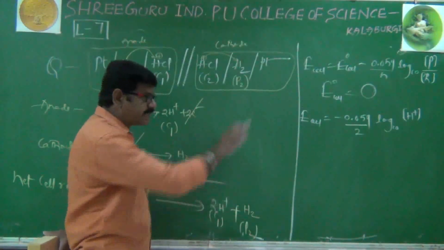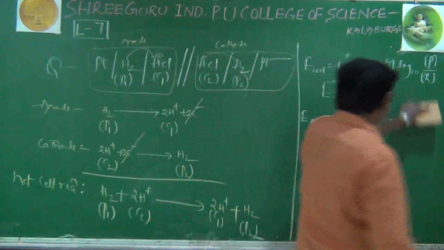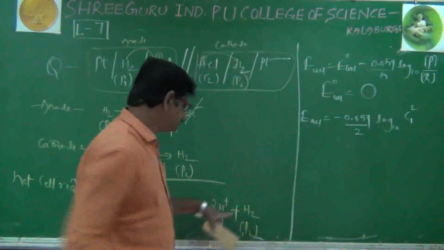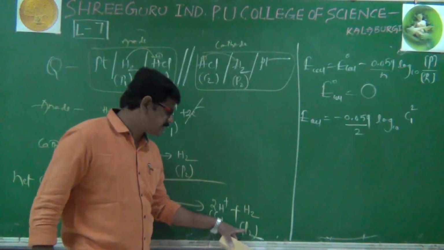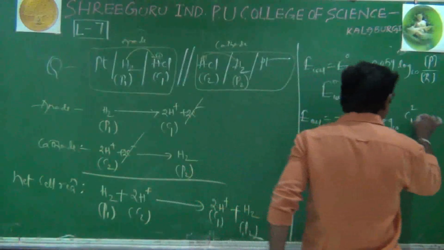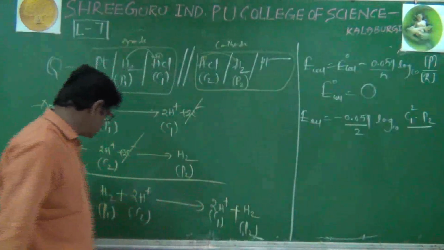So instead of writing H+ squared directly, we can write C1 squared. C1 squared into H2, whose pressure is P2; instead of writing H2 directly, I will write its pressure P2, divided by the reactants.